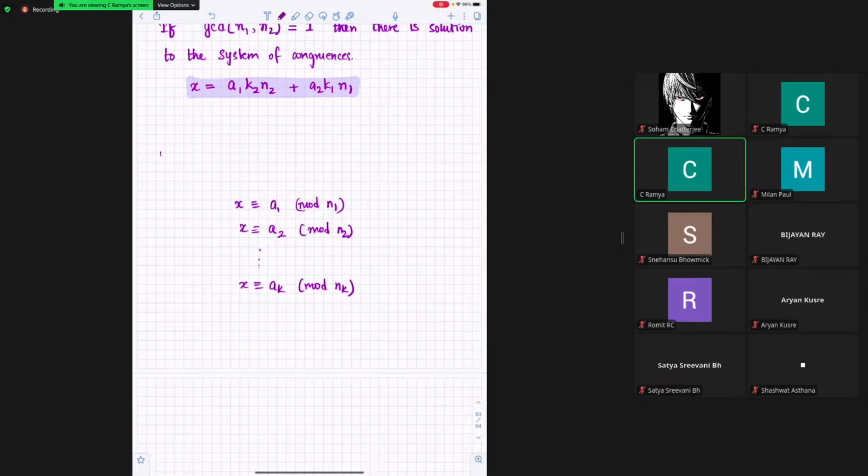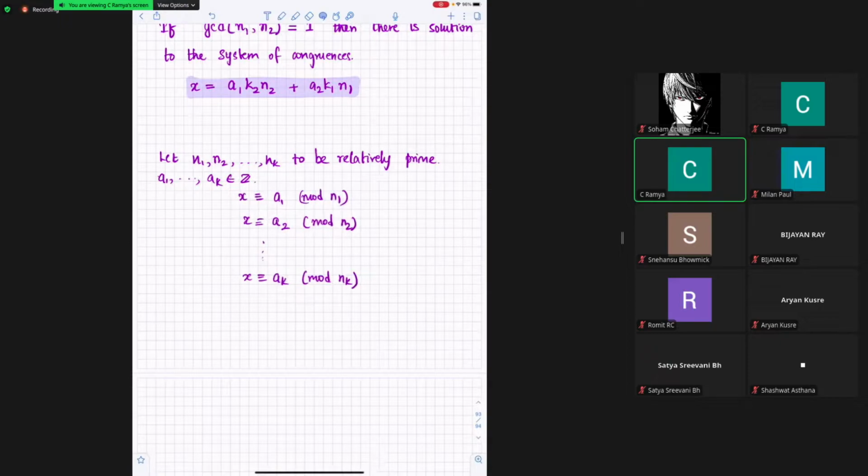I want N1, N2, up to Nk to be relatively prime, and A1 to AK can be any arbitrary integers. We don't really care. So now we want to ask whether there exists a solution to this.